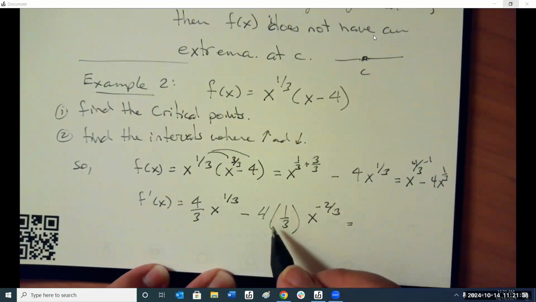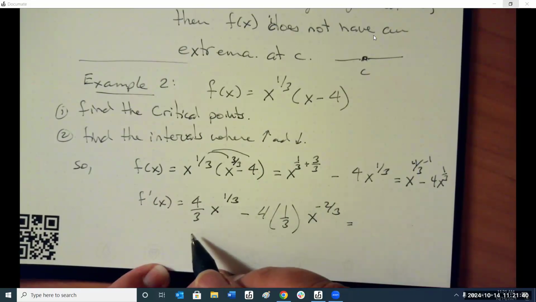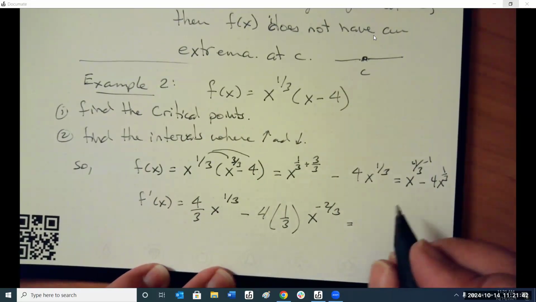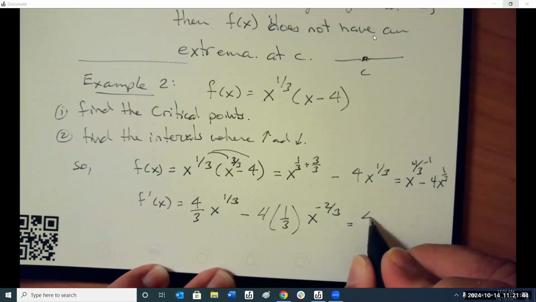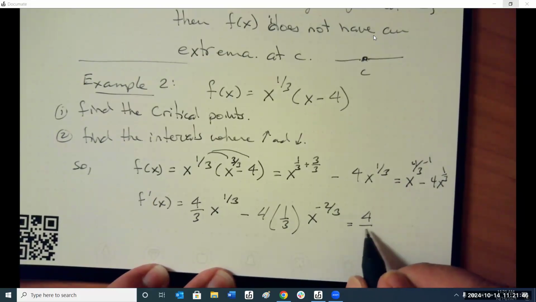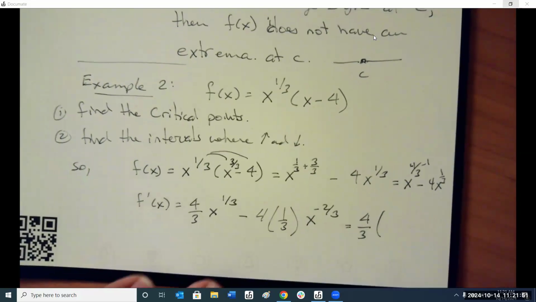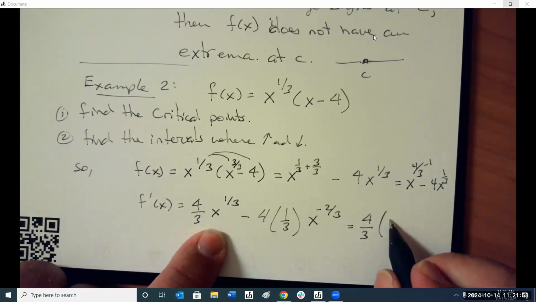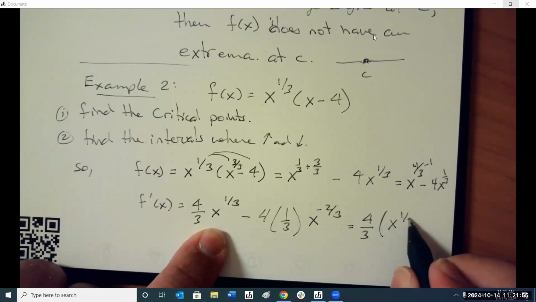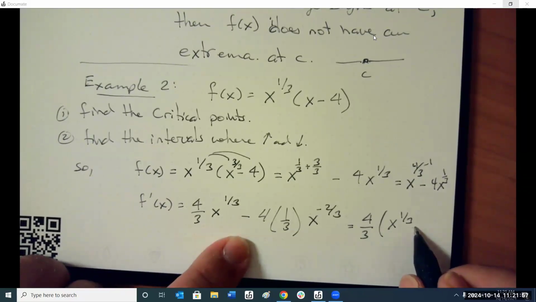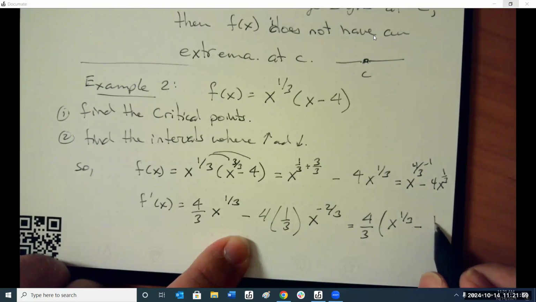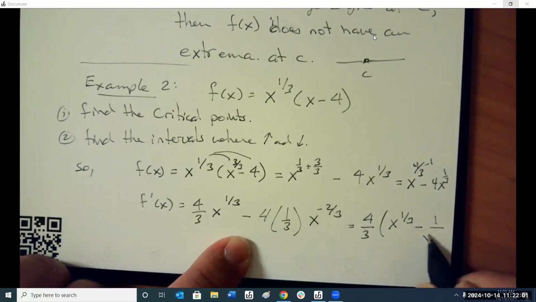Which shows us this is 4/3, 4/3 x to the power 1/3 minus 1/x to the 2/3.